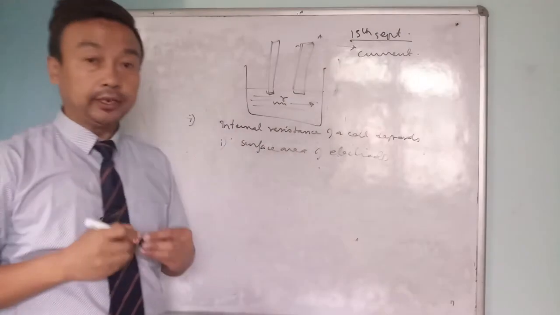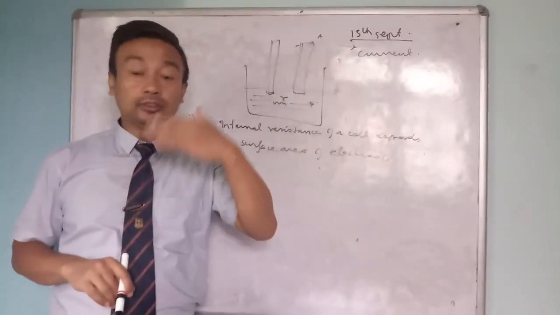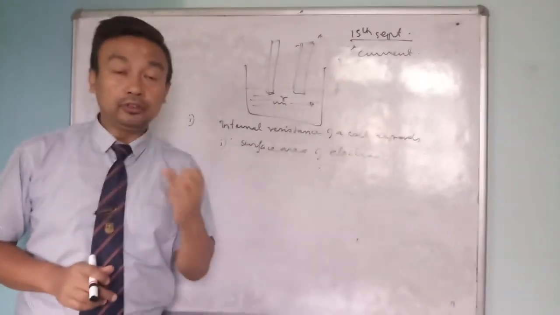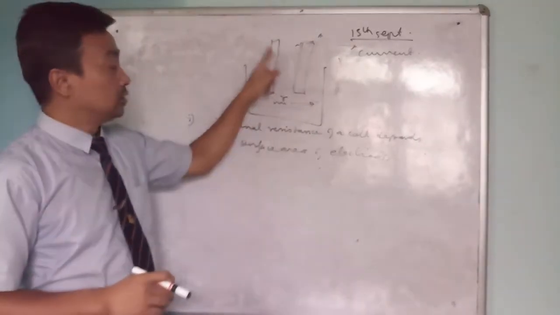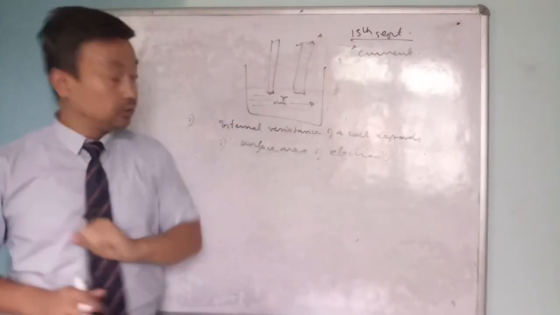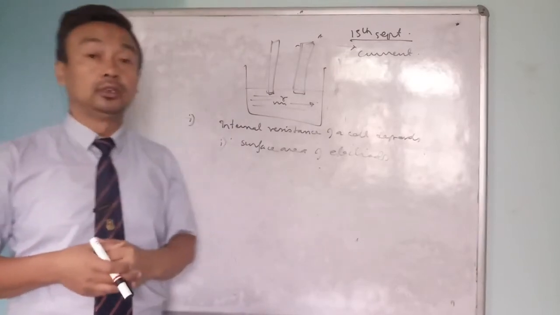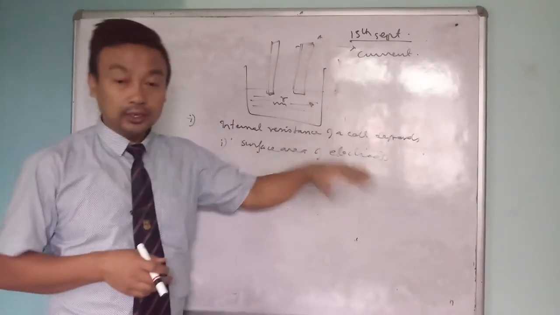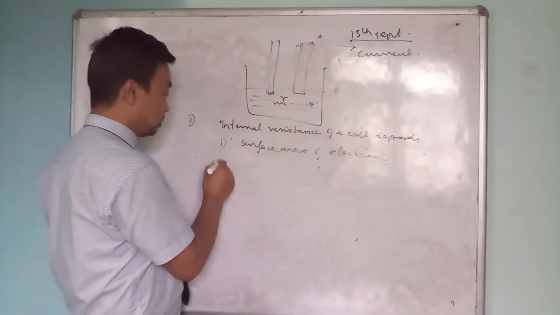If you have a bigger plate, if the surface area is large, then the internal resistance will be less. Greater the surface area of the electrodes, lesser is the internal resistance. So it is inversely proportional. It is given in the textbook, you can refer from there also.